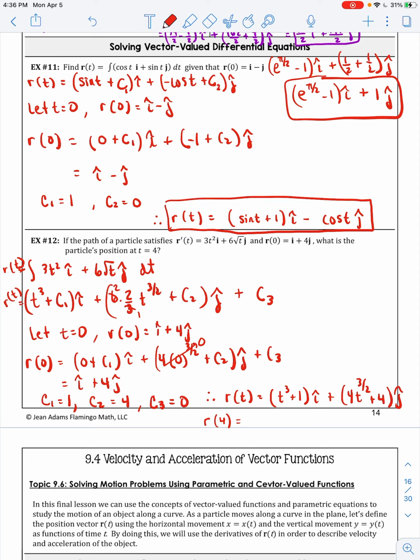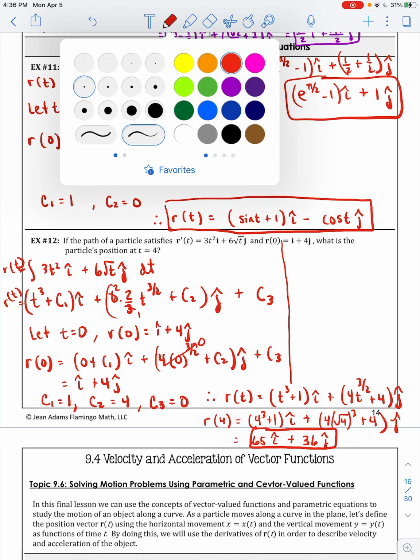This is a position function, so its position at 4 is going to be 4 to the third plus 1 i, plus 4 times the square root of 4 to the third power plus 4 times j. So 65i plus, this would be 8 times 4 is 32 plus 4 is 36j. So this is its position at t equals 4.